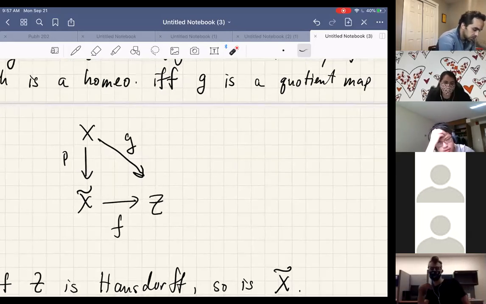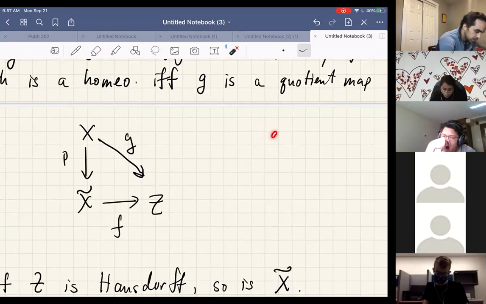So how is F induced by the previous statement? Do you remember? First, G is a map that is constant along the inverse images of P. So let's say you have alpha in X tilde.